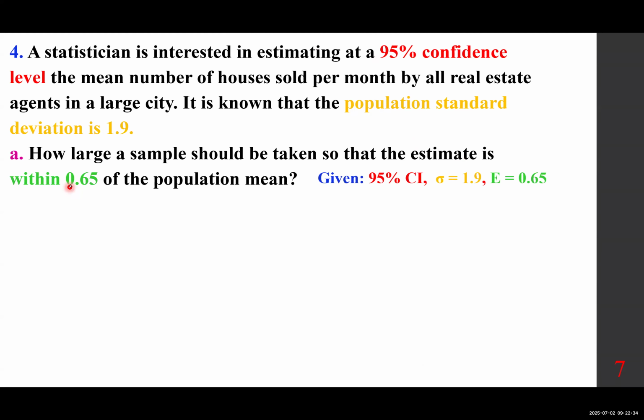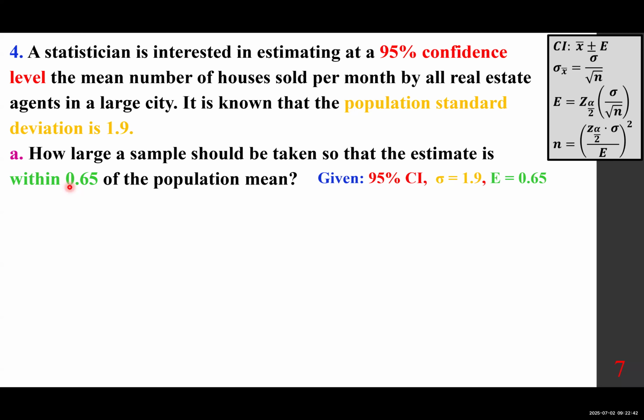So this is writing the given symbolically, and I'm going to remind you of some of the formulas you can find in your formula sheet. The confidence interval for the mean would be x bar plus minus, when population standard deviation is given, sigma of x bar is sigma over square root of n, so E is z alpha over 2 times sigma over square root of n.